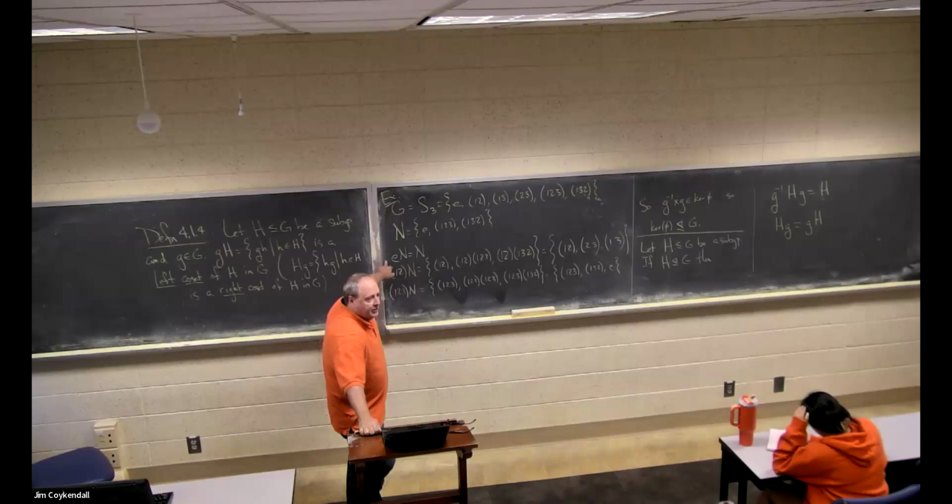Now, let's suppose, for some x, y in G, I don't want to use subscripts if I don't have to, I'm a lazy man. Let's suppose that xH intersect yH is not empty.